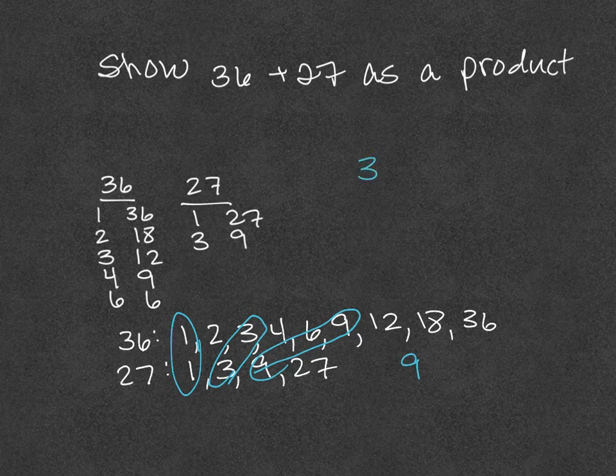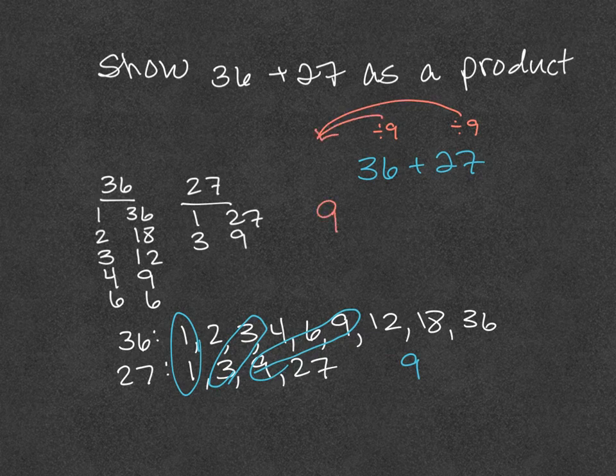Okay, so now taking that number and knowing their largest shared divisor is 9, their largest common factor is 9, I'm going to divide both of them by 9 and pull that out to be the multiplier.